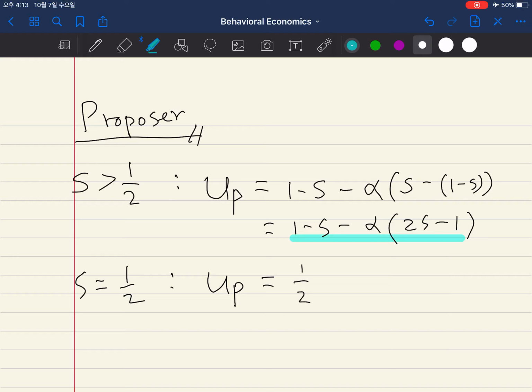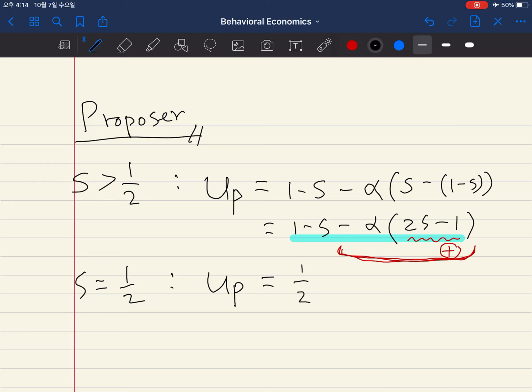And we can see that this blue expression is less than half. So how do we know? This term over here is a positive number because S is bigger than half. So this term is a positive number, so this is subtracted, a negative number.